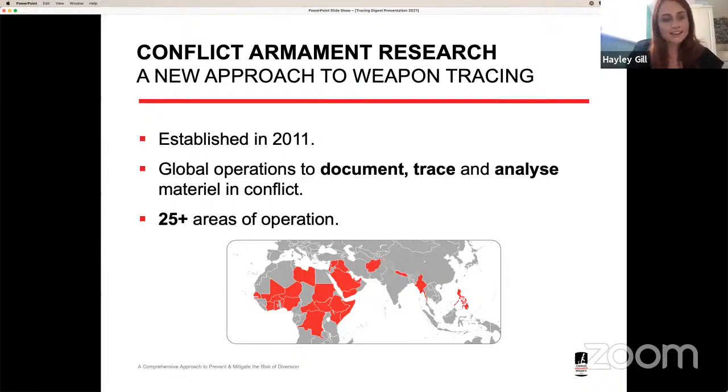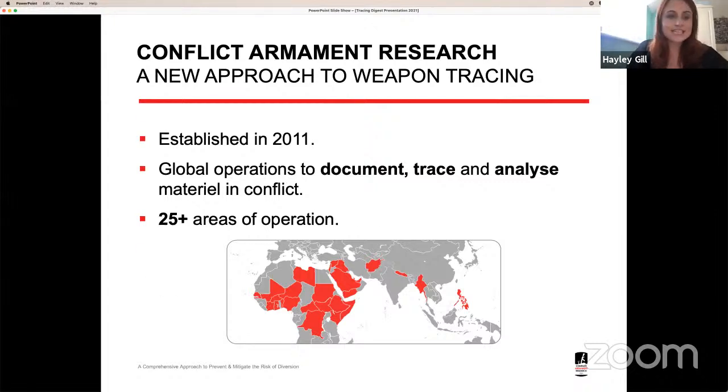Together, CAR's field investigations and tracing operations generate unique evidence on how diversion is occurring. And we do this to help states and other stakeholders identify gaps, vulnerabilities, and loopholes in the supply chain. This enables export agencies to better understand risks of future diversion.